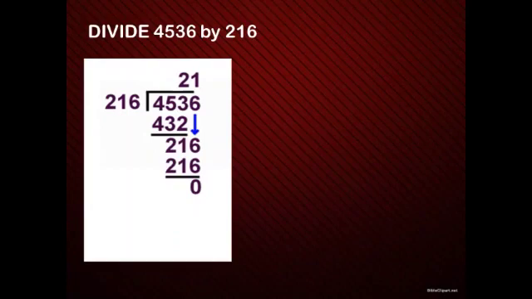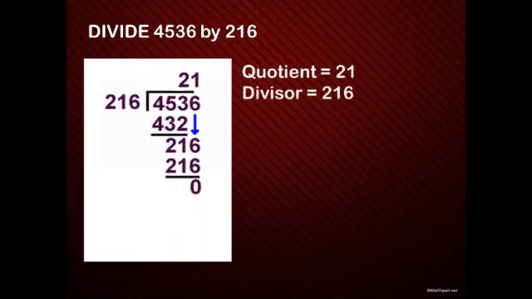Then bring down the next digit. It is 6. So 216 will go 1 time in 216. So the remainder is 0. Here the quotient is 21, divisor is 216, the dividend is 4536 and the remainder is 0.